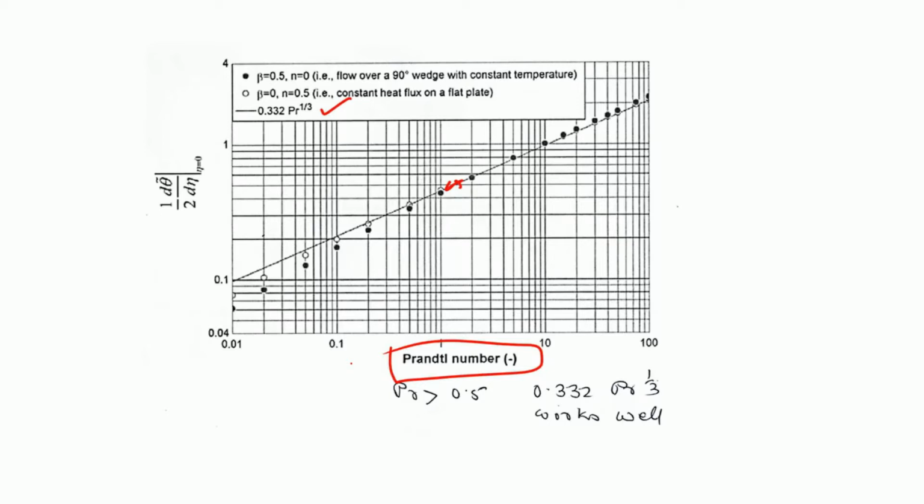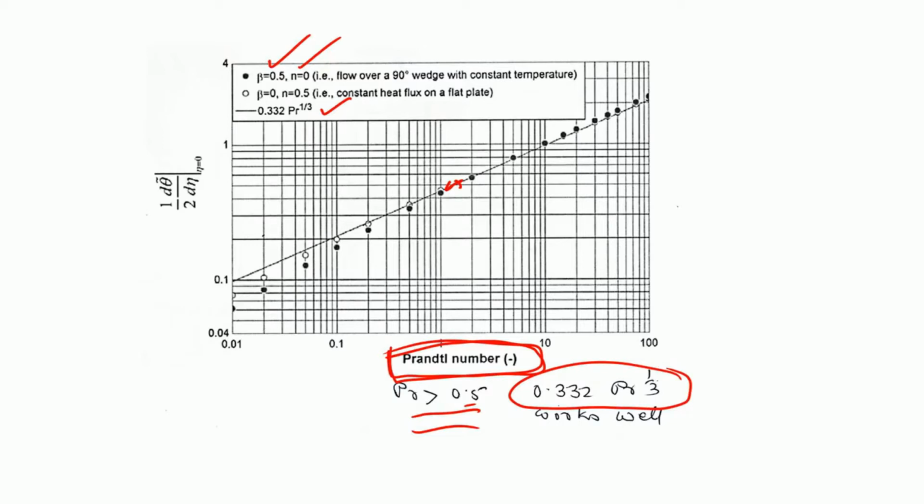As you can see in this configuration, you have beta equal to 0.5 and n equal to 0, and beta equal to 0, n equal to 0.5. Don't be bothered about the constant heat flux and the constant boundary profile, it's not the point here. For Prandtl number greater than 0.5, the 0.332 into Prandtl number to the power of 1/3 correlation works pretty well.